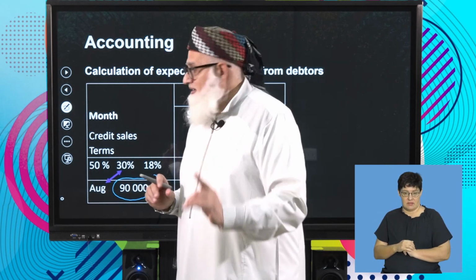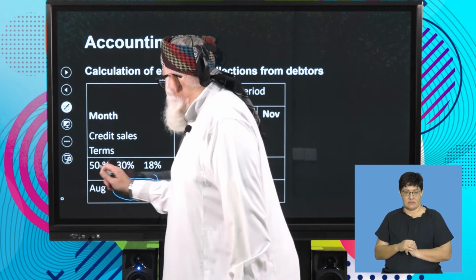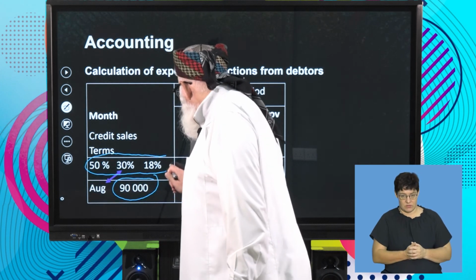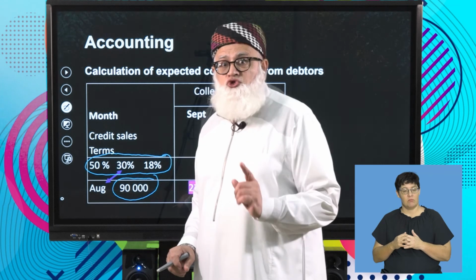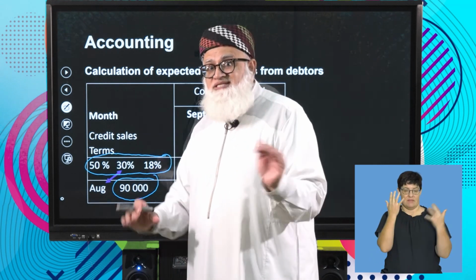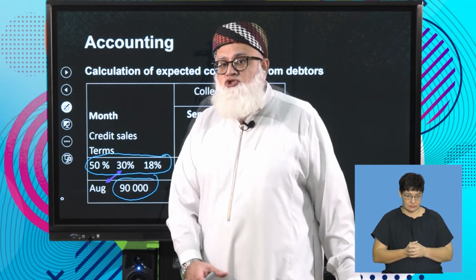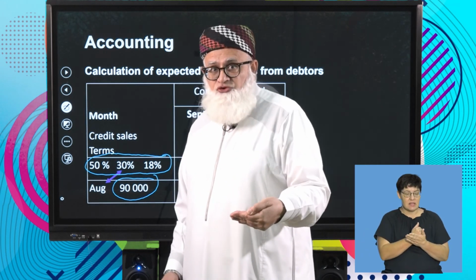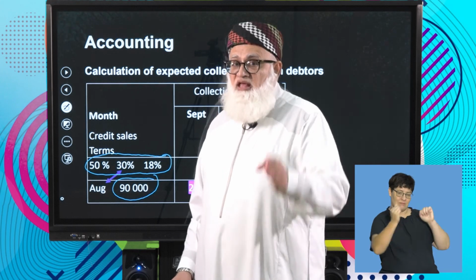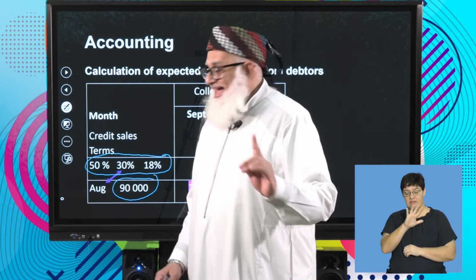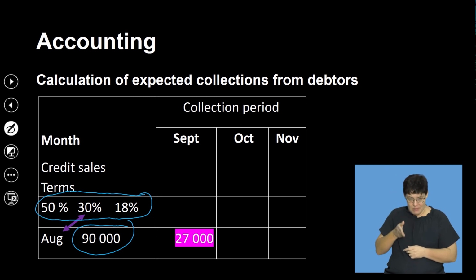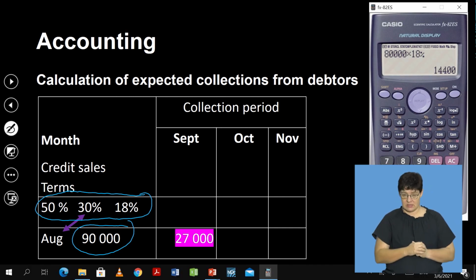Very clear. Here's my August. Here's my collection. Can you see? It's set out for you so that it makes it easier when you are doing your calculation. So keep this in mind when you are doing your debtors collection schedule, that you have the actual terms in front of you. So August would be 50% in August and 30% in September. So once again, this is what I do. I take my August sale of 90,000.